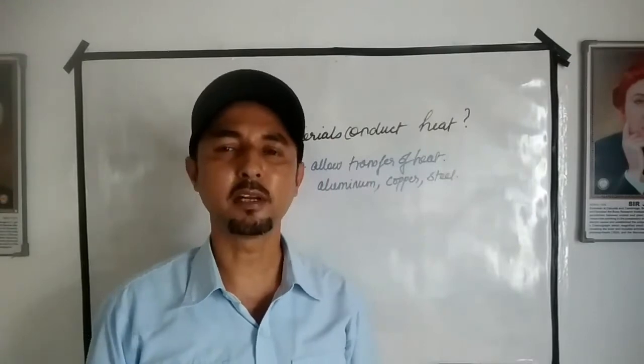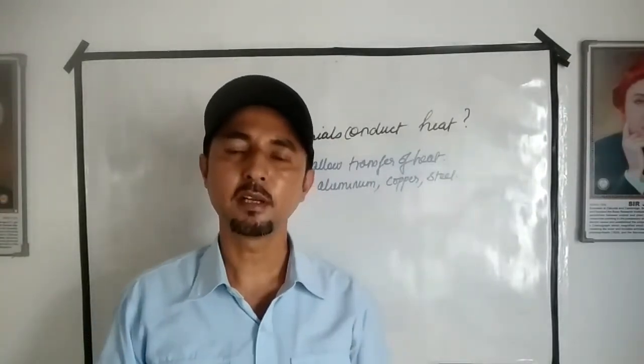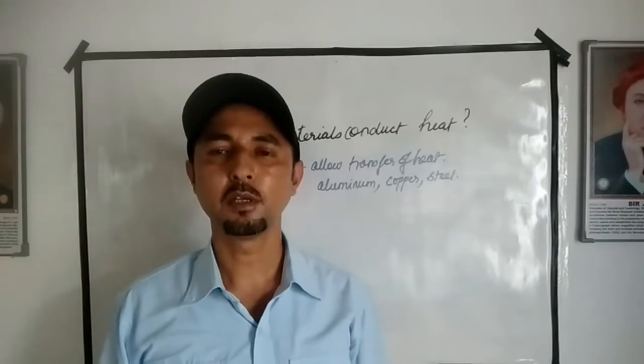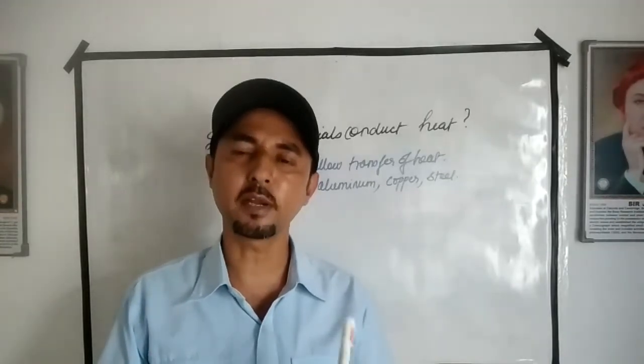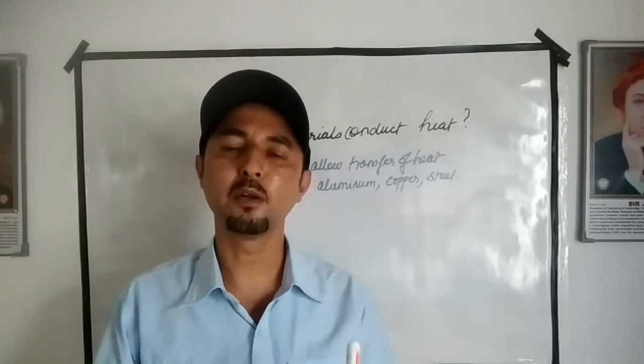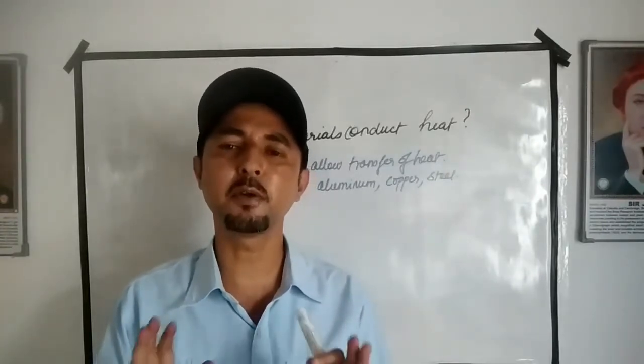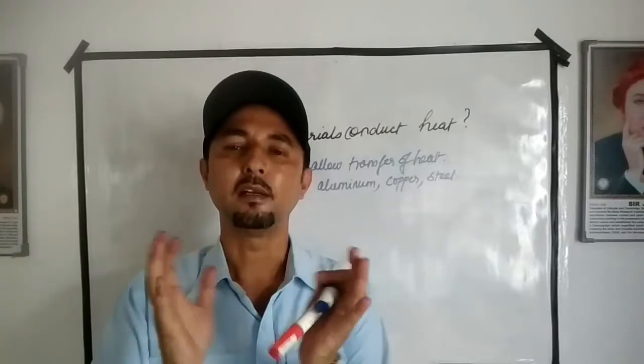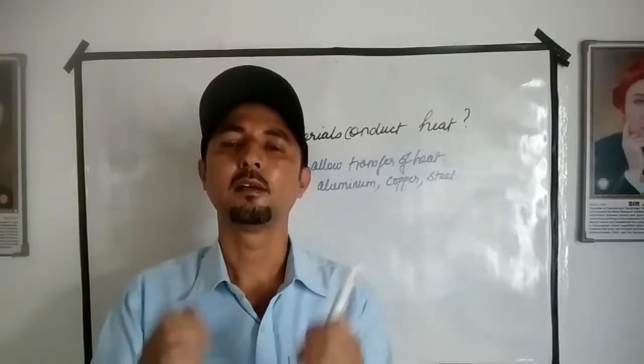So such type of materials are called conductors. You must be noticing that in your homes also, all the materials which are used for cooking food are made of either copper or steel or aluminium, because the heat is distributed equally in the utensils.